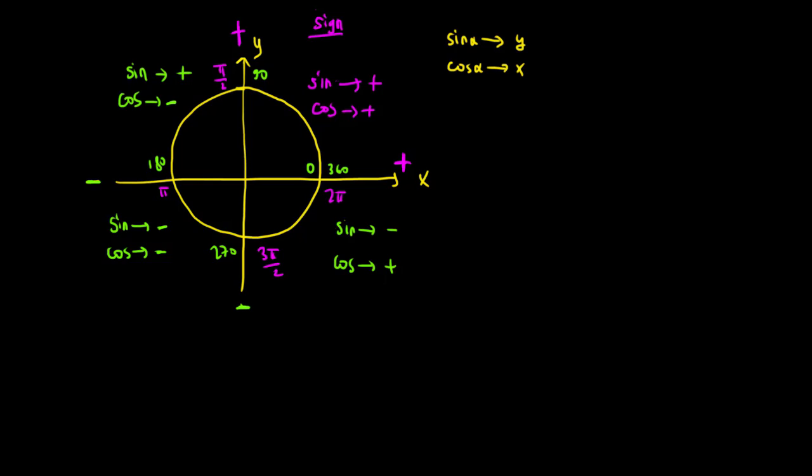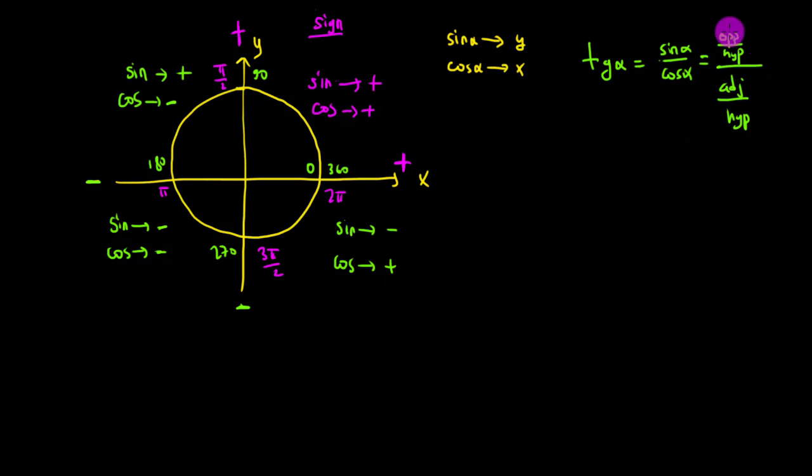So what about tangent and cotangent? We can take tangent as sine alpha over cosine alpha. Why is it so? Look here. Sine is opposite over hypotenuse, and we divide by cosine, which is adjacent over hypotenuse.